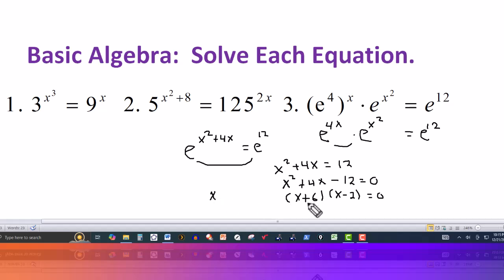So x plus 6 equal to 0 means x has to be negative 6. X minus 2 equal to 0 means that x has to be 2. So my two solutions are x equal to negative 6 and 2. And that's your solution for that one.